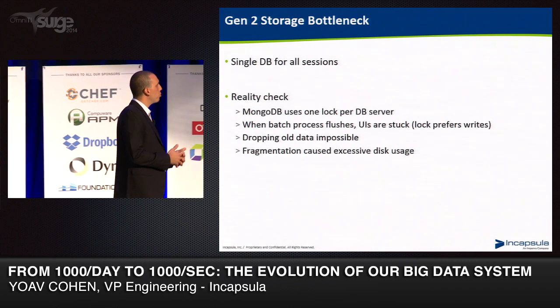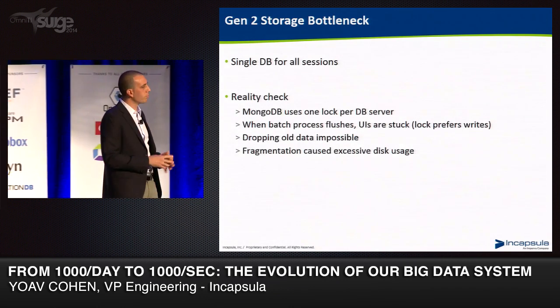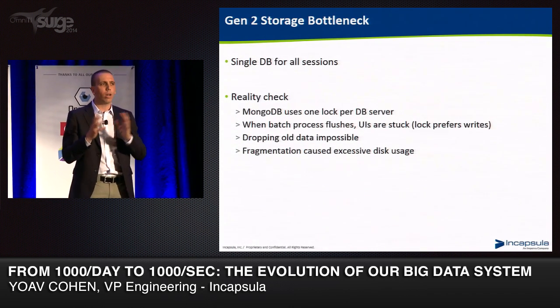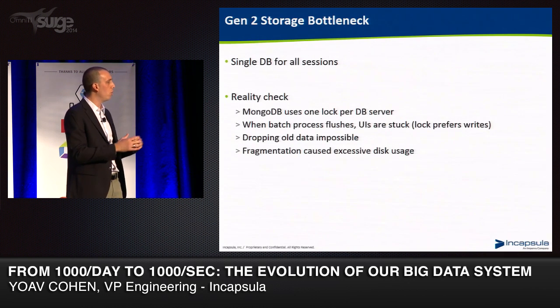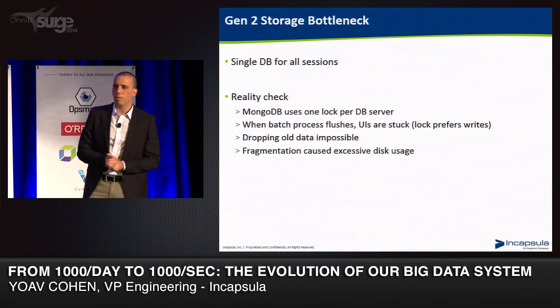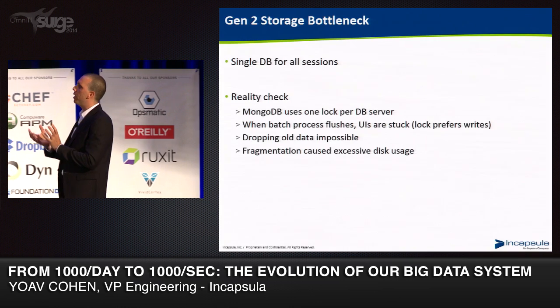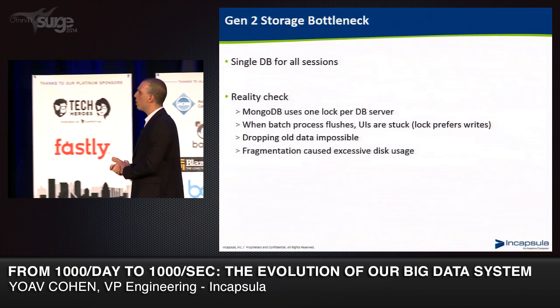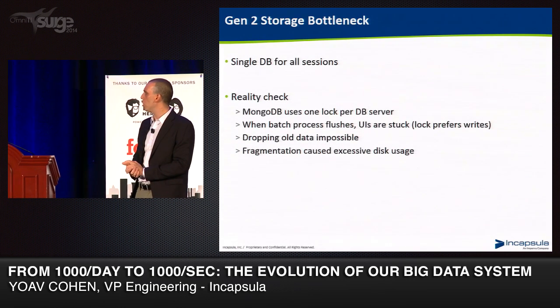And the main problem that we had is that we designed just one database for all the sessions of all the sites of all of our customers. And this database was starting to get big, and we started getting into some trouble.